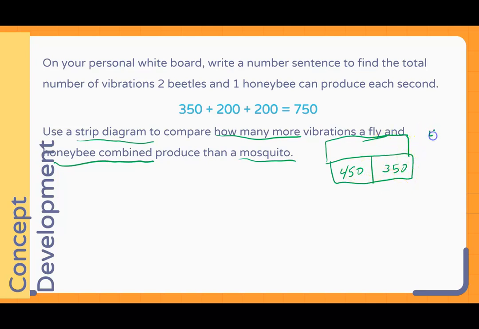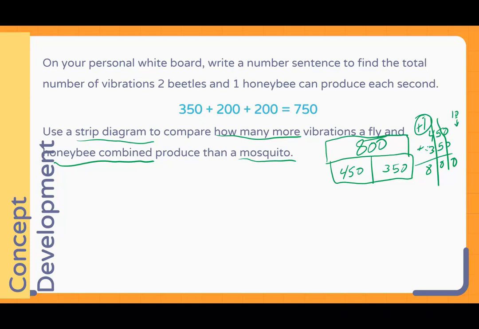So I would be adding 450 plus 350. 0 plus 0 is 0, 5 plus 5 is 10. One place goes down, the next one goes next door, so plus 1. 4, 5, 6, 7, 8. So 800 is the fly and honeybee combined.